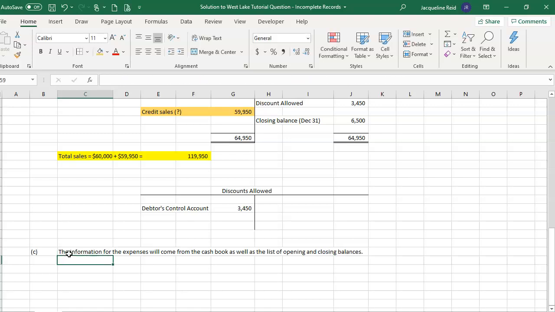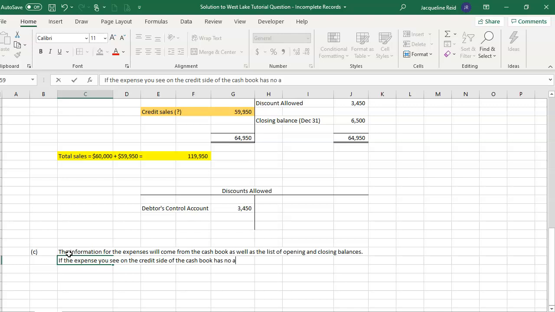But here's the catch. If the expense that you see on the credit side of the cash book has no adjustments, what do I mean by no adjustment? That is no accruals or no prepayments.